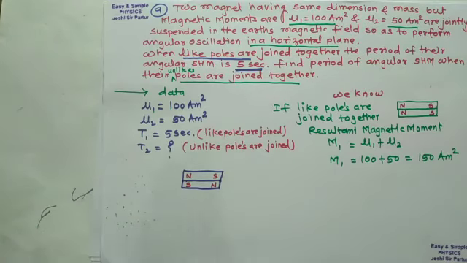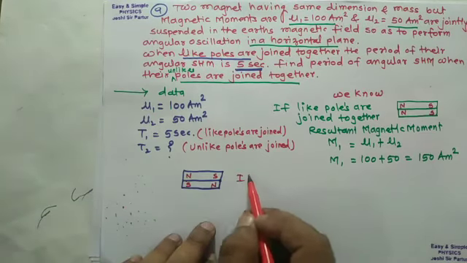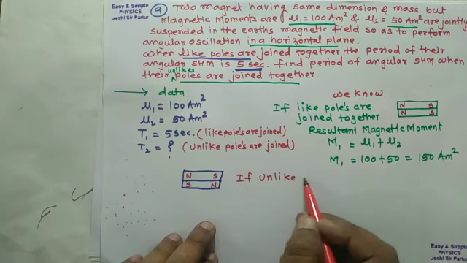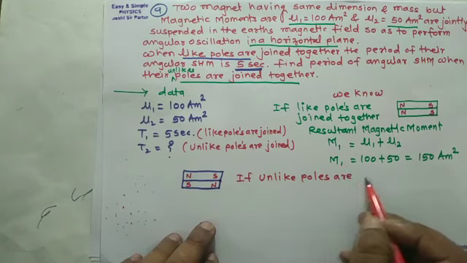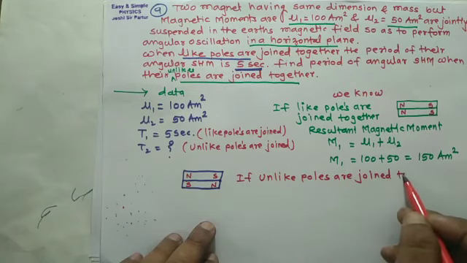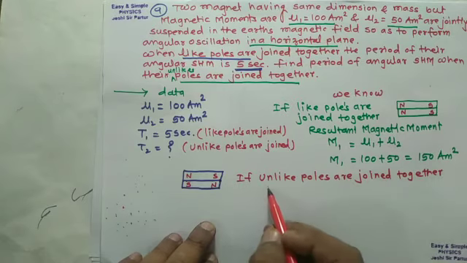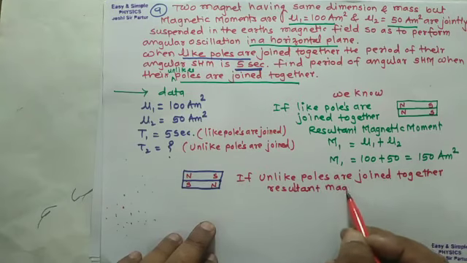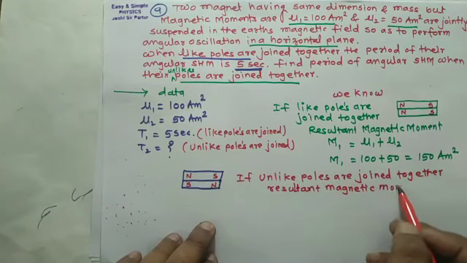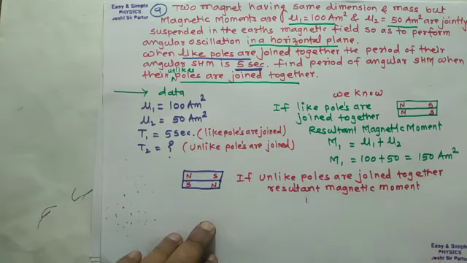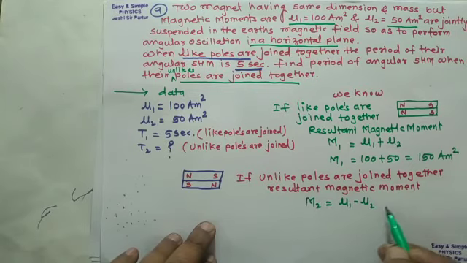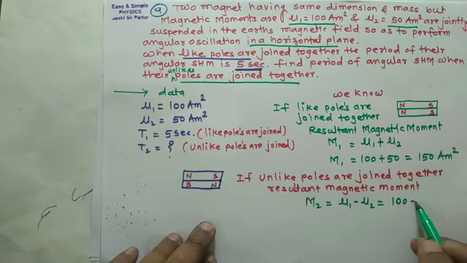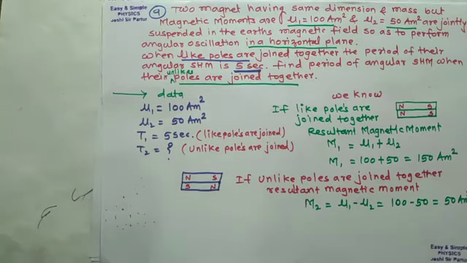When unlike poles are joined together, a resultant magnetic moment capital M2 is equal to mu1 minus mu2, that is 100 minus 50, that is 50 ampere meter square.